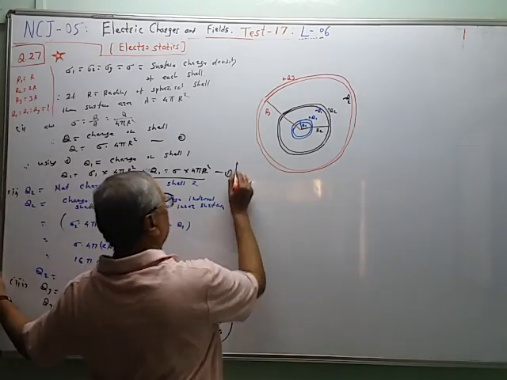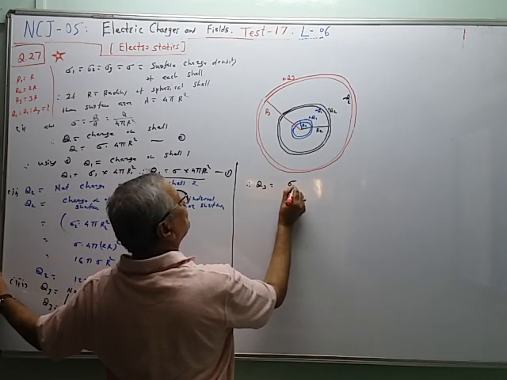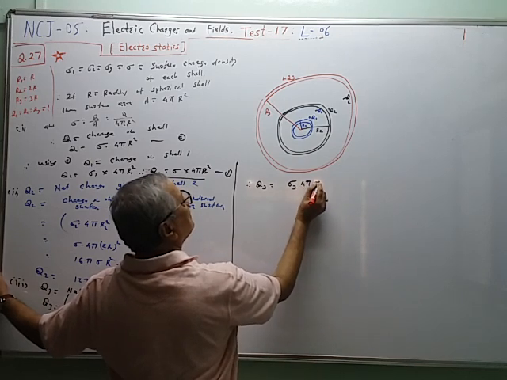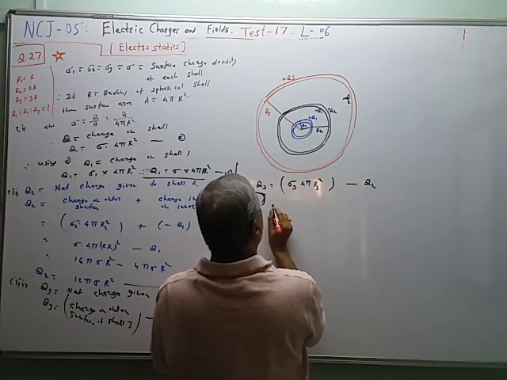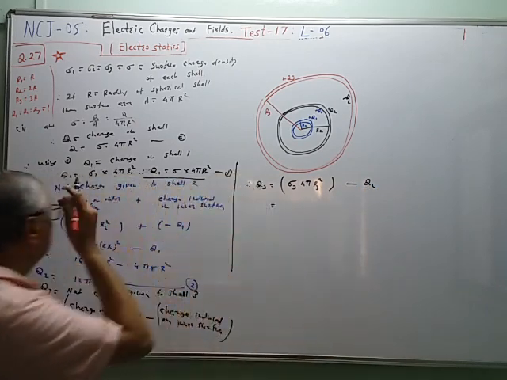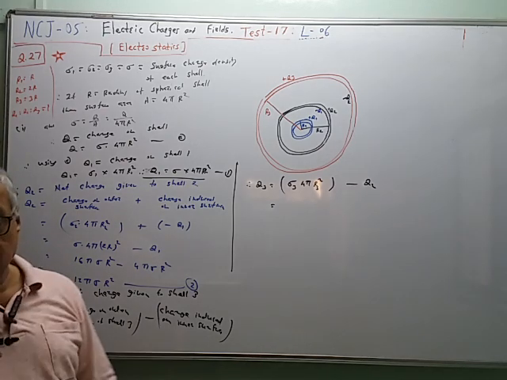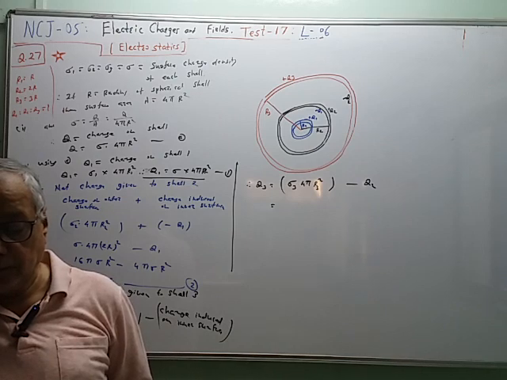Therefore Q3 is equal to sigma 3 multiplied by 4 pi R3 square minus Q2, which is also minus Q1.